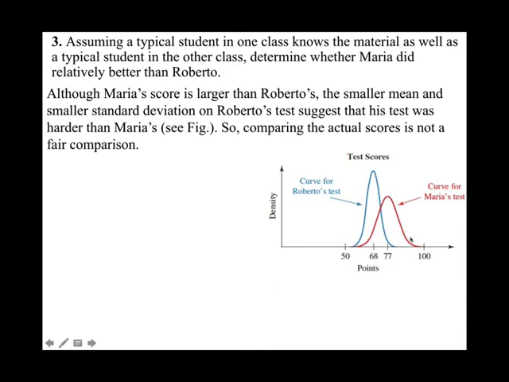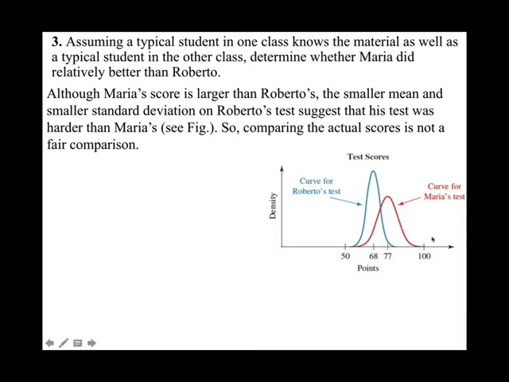The standard deviation is about 6, so it's much wider compared with Roberto's test. When we look at this picture, we know that Roberto's test was harder than Maria's because the sample mean is much lower than this one.